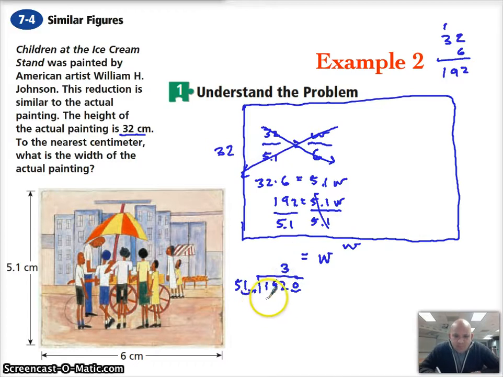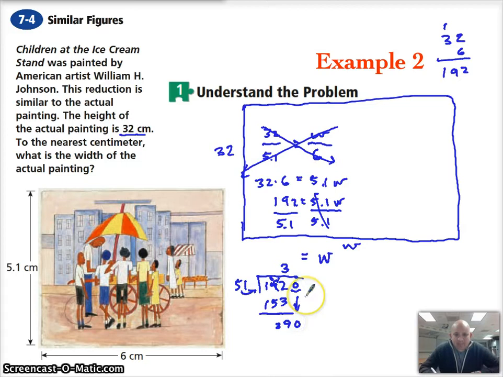So 3 times 51: 3 times 1 is 3, 3 times 5 is 15. Now I subtract. 12 subtract 3 is 9. And I borrowed there. 8 subtract 5 is 3. I bring down the 0.